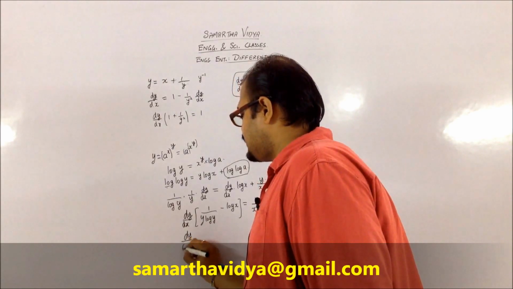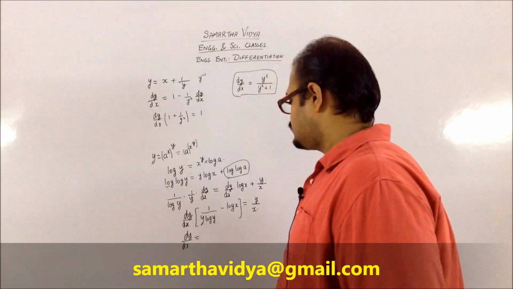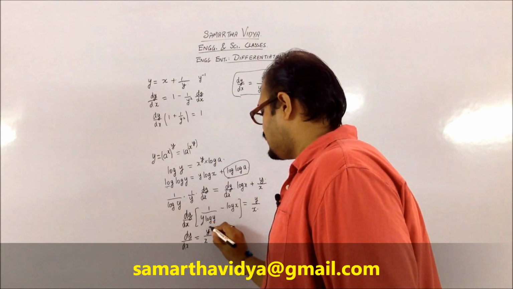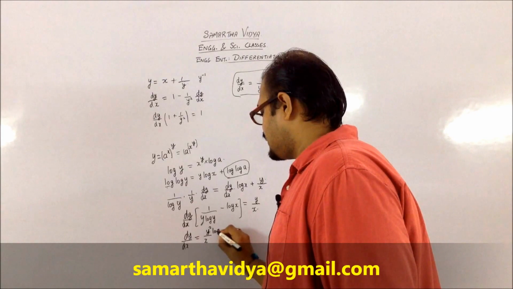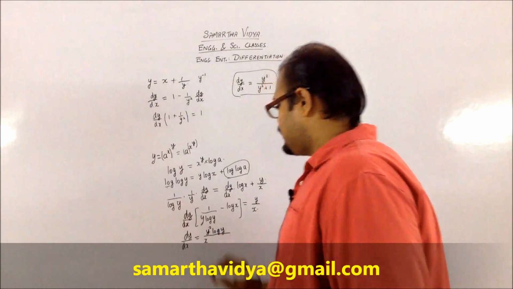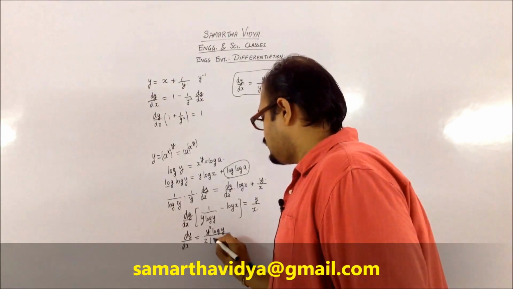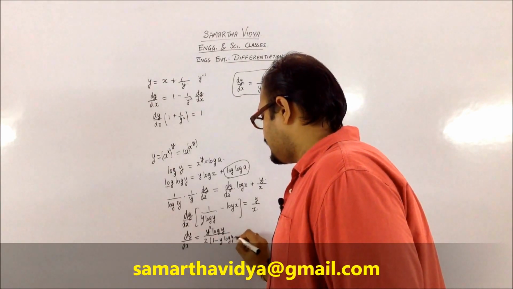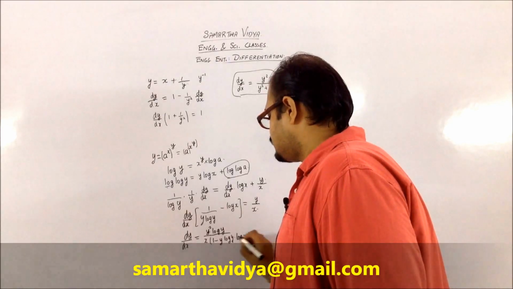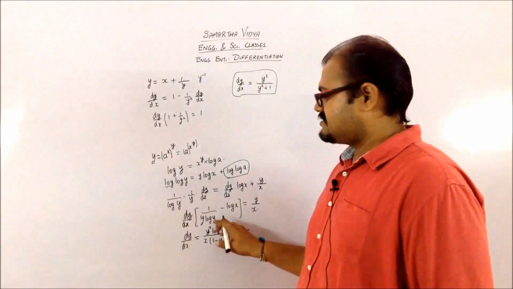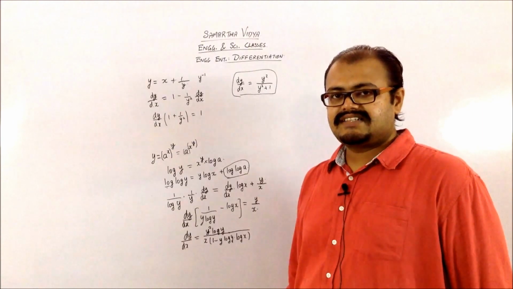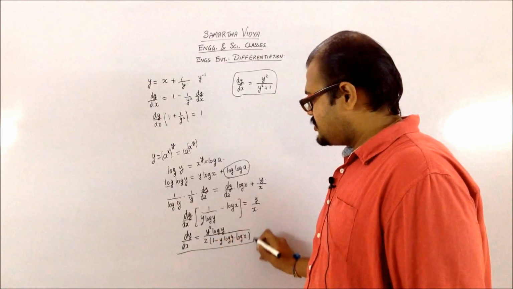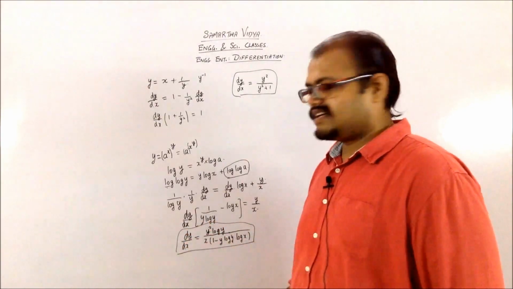So dy by dx will be equal to y by x into y log y, which becomes y square log y divided by 1 minus y log y into log x. You can just carry out the normal multiplication and division over here, which is quite easy. So this is going to be the derivative of the function which was to be found.